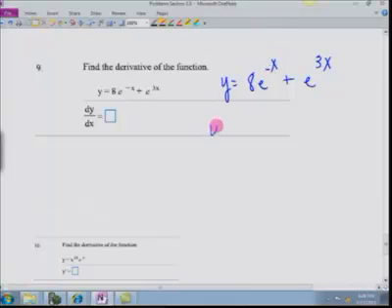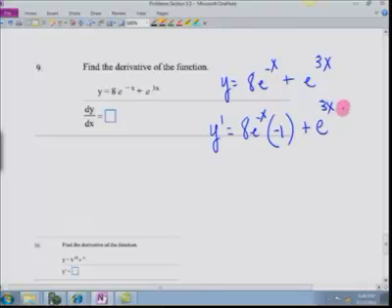Okay, so y prime is going to be 8e to the negative x times, what's the derivative of negative x? Okay, plus e to the 3x times the derivative of 3x, which is 3. Okay, so we have negative 8 e to the negative x plus 3 e to the 3x, and I think that's the final answer.